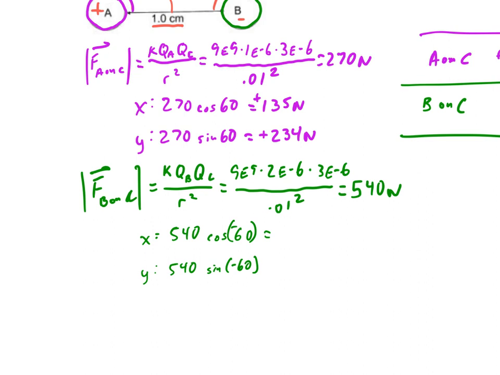So 540 cosine of negative 60 gives me 270 newtons. And the y part, 540 sine of negative 60, gives me negative 467.7, I'm rounding this to negative 468 newtons.